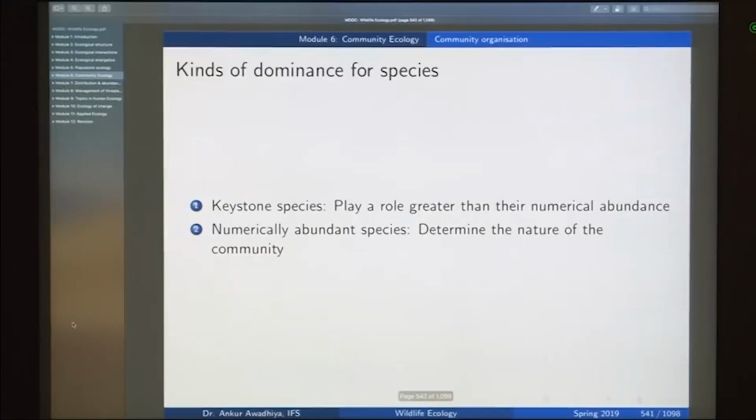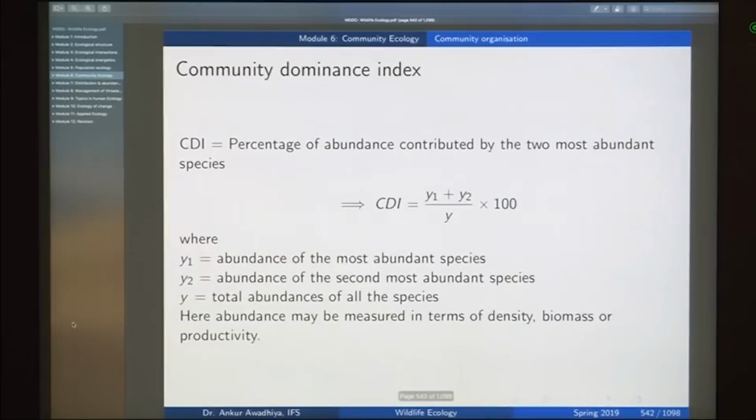Next, we looked at community organization. So, there are two kinds of dominance for species. You can have a keystone species which is playing a much larger role in the ecosystem as compared to its numerical abundance, or you can have numerically abundant species which are determining the nature of the community, and so we say that they are the dominant species in that particular community. Next, we define the community dominance index, which is the percentage of abundance that is contributed by the two most abundant species.